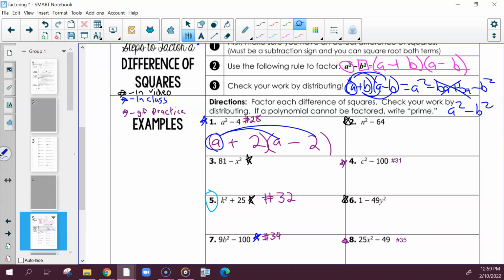So off to the side, we have A squared minus 2A. And then 2 times all of this would be plus 2A minus 4. The middle terms are getting canceled, leaving just A squared minus 4, which is what we have. Oh. So if we don't have plus and minus, that won't work.